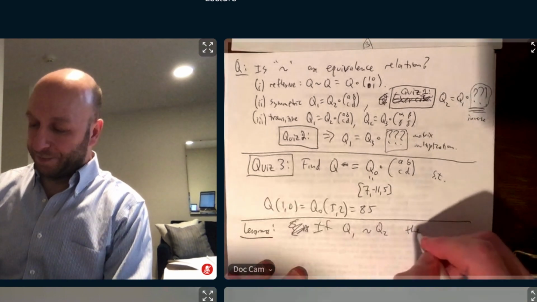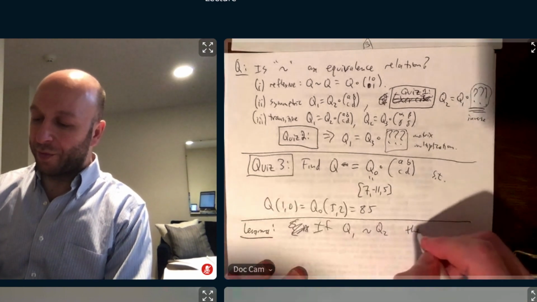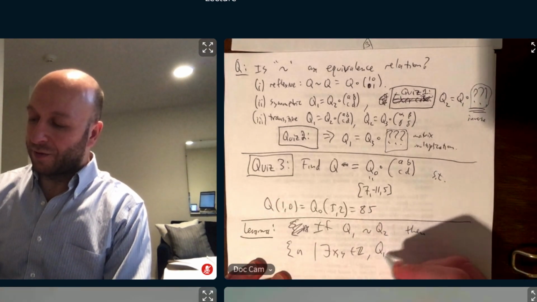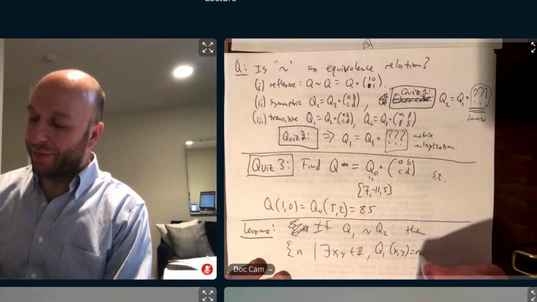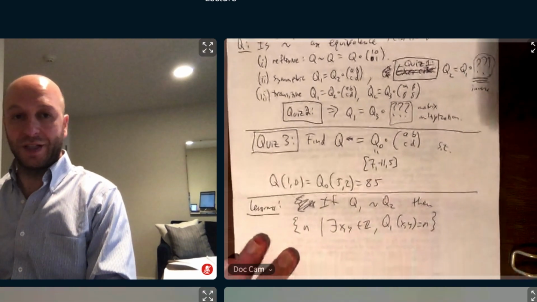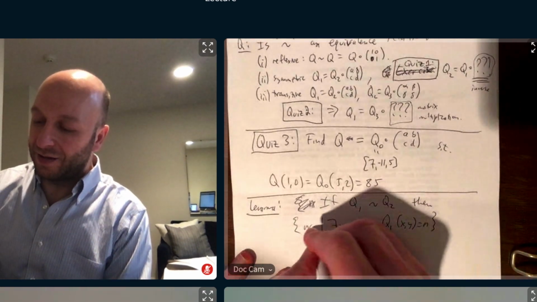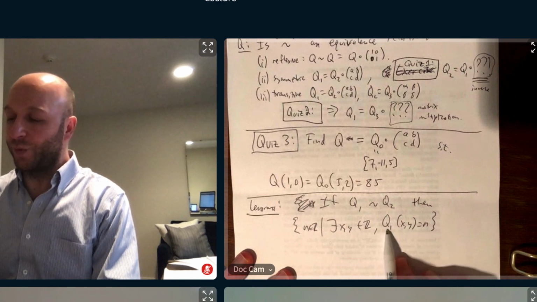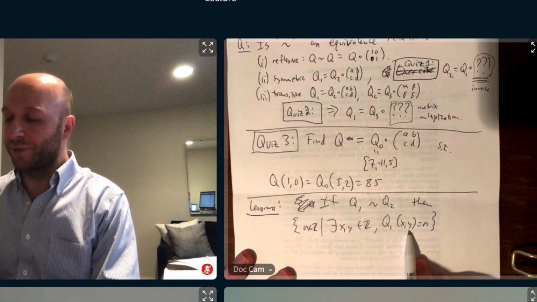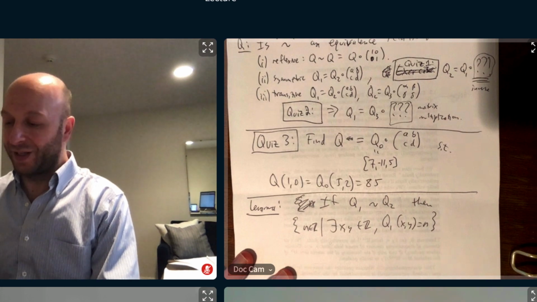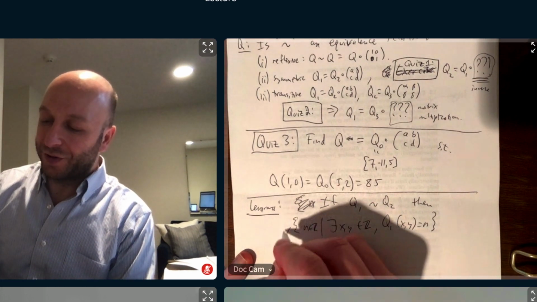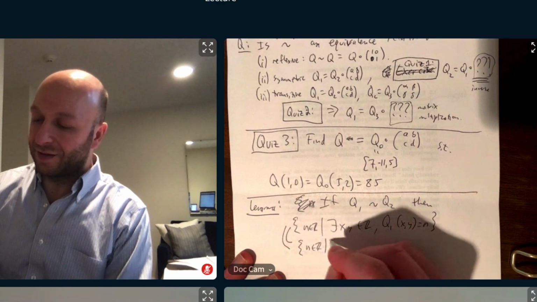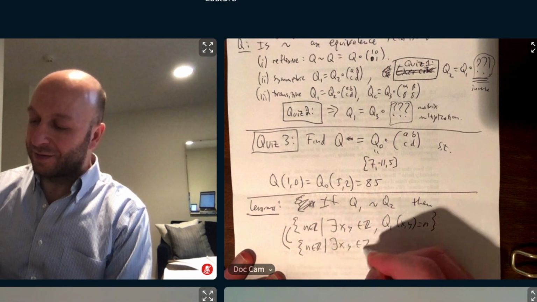Then if you look at the set of numbers represented by Q1, so this is the set of integers n for which there exist integers x and y with Q1 of x, y equal to n, then this is equal to the same thing with Q2.